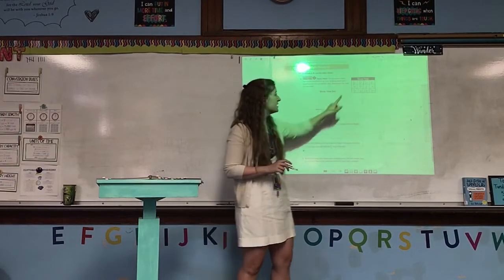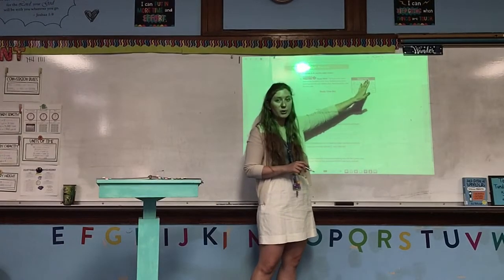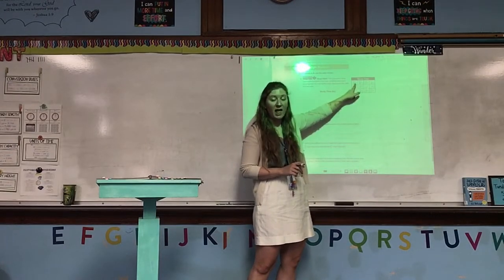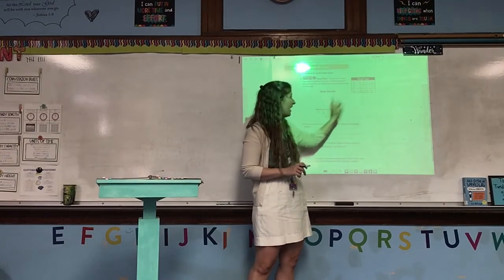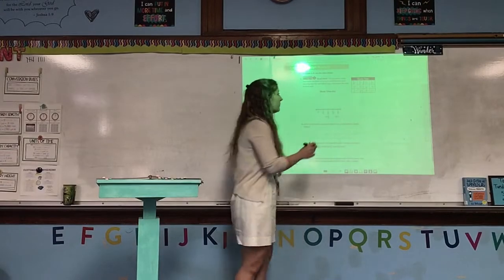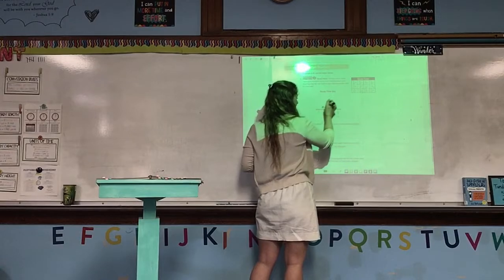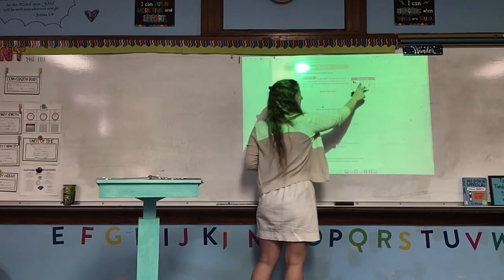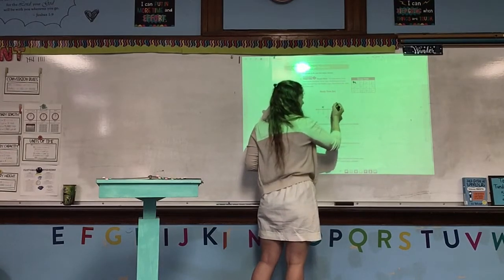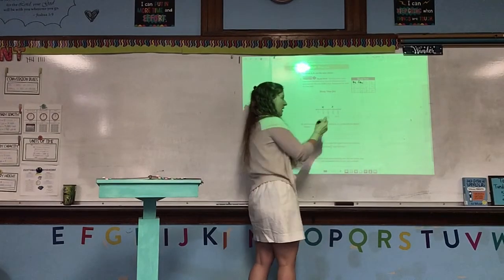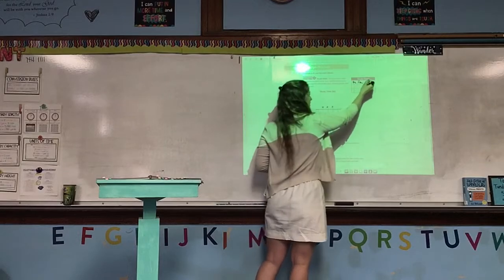So we're just going to go through. I'm going to put an X above the time that's shown, and then I'm going to cross this out over here so I know I'm done with it. So my first day is 1/4. So now I'm done with that. The next day, she spent 3/4 of an hour. The next day, she spent 1/2 an hour, which is the same as 2/4.